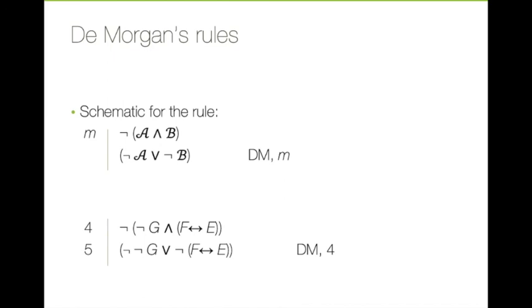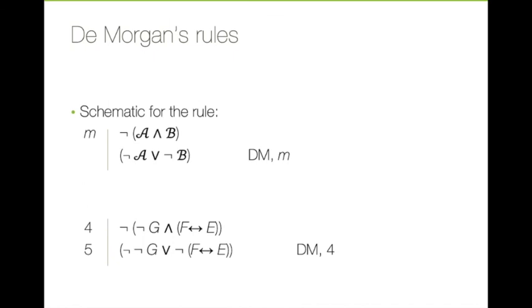By correctly applying De Morgan's rules, we get a disjunction with the double negation of G as one disjunct. So that's our double negation of G is our not A. And then we have the negation of F if and only if E as our other disjunct.